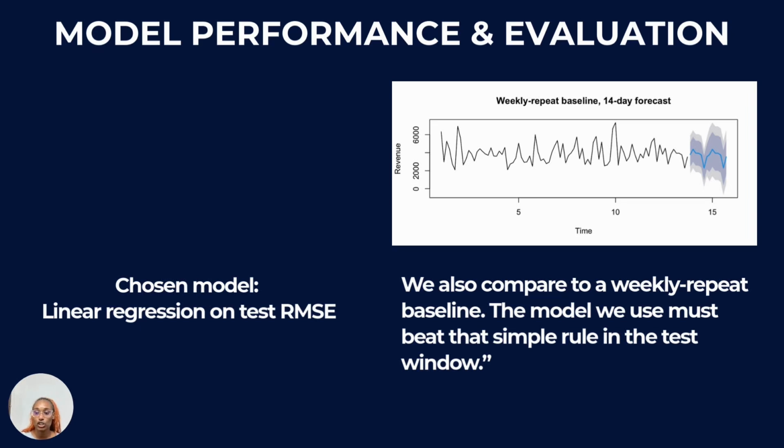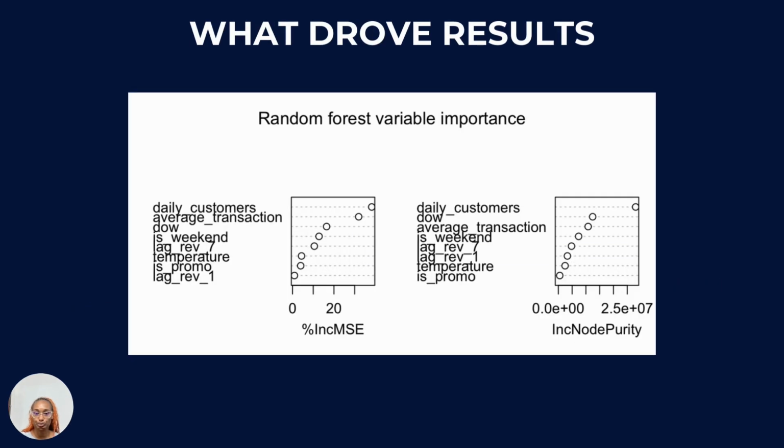The dataset is short and the key drivers are linear: customers, weekend, average ticket, and Tuesday promotion. A simple, well specified linear model fits that story best. We will use linear regression for the daily 14-day plan. We will keep random forest as a diagnostic check, not as the primary forecaster.